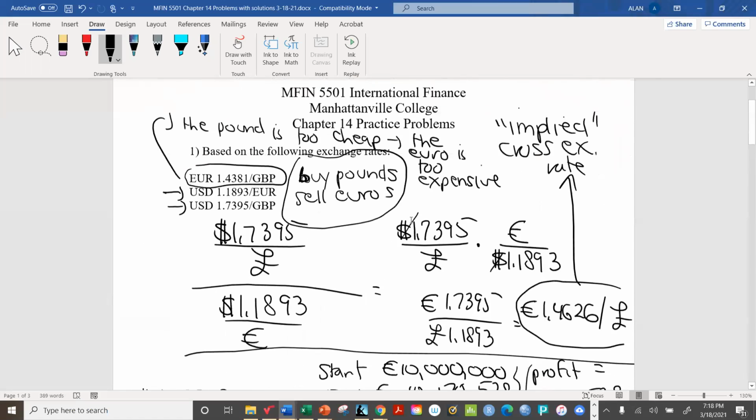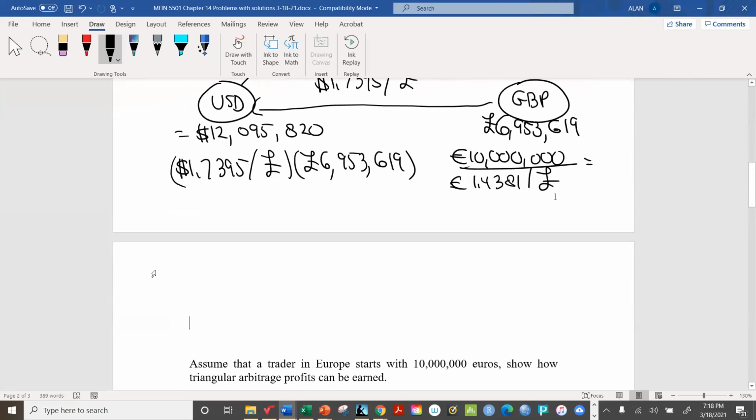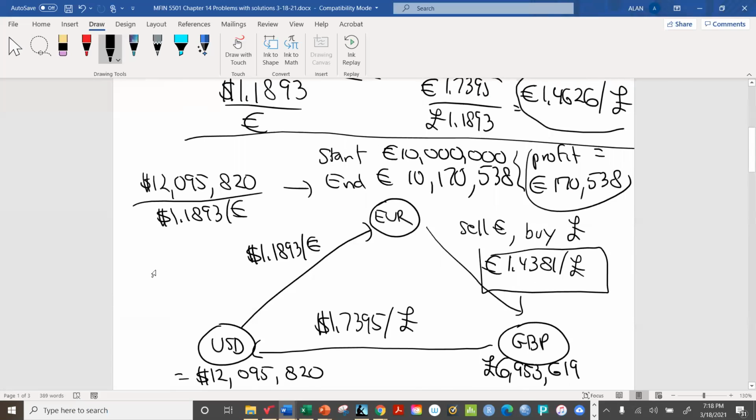The only tricky part is, sometimes it can be a tricky decision whether to multiply or divide to get from one currency to the next. But the bottom line is, if you perform an operation in which the currency you do not need cancels out, that means you've done it correctly. All right. So that's our result, and that's our final profit.